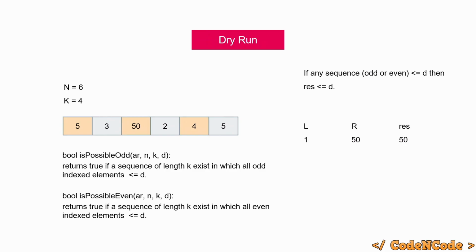First of all, we know that if any sequence, odd or even, is less than or equal to d, then the result is going to be less than or equal to d. I'll explain these two in a moment. One thing for you, let's say n is equal to 6, k is equal to 4, and this is your input array. What is the maximum value the result can be? Just think about it, pause the video.